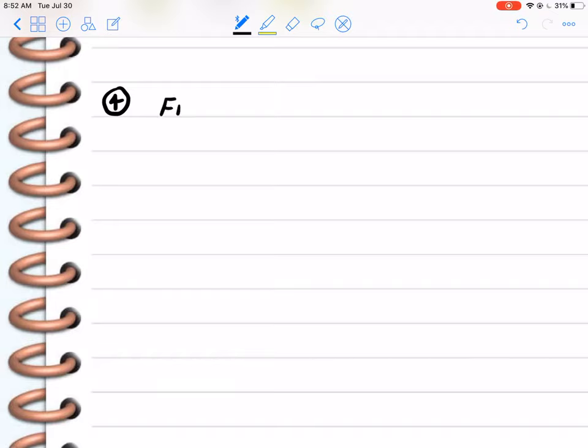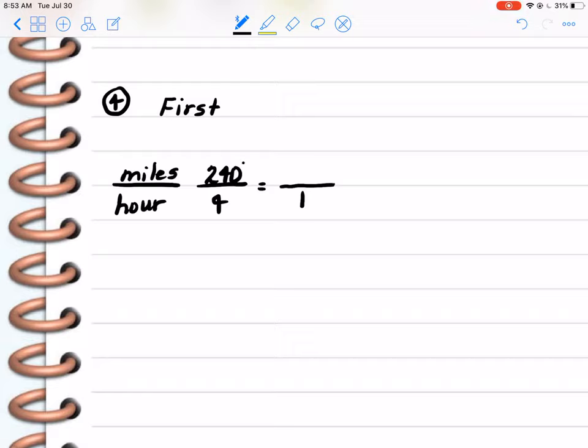So here's the first car, and it can go 240 miles in 4 hours. So this is miles per hour. Let's go ahead and break that down to 1 hour. Let's do the unit rate. So we're going to have 240 divided by 4. So in miles per hour, the first car is doing 60 miles per hour.